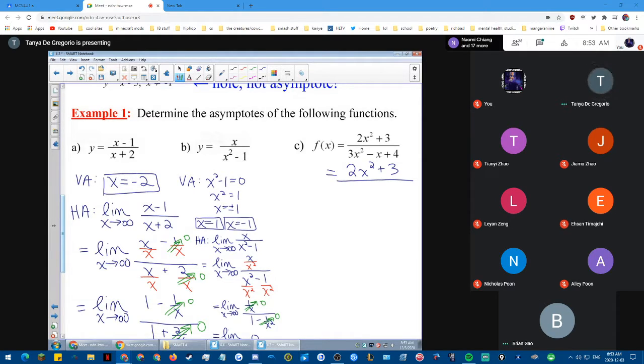What does it factor to? You can't. It's not factorable. So you need to use the quadratic formula. Okay? So use the quadratic formula to factor the denominator.